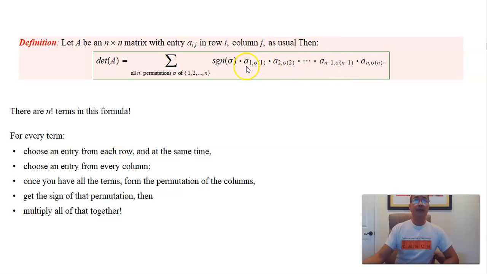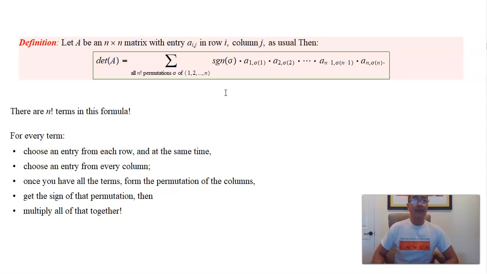You take all of those n terms and the sign, plus or minus, multiply that out. That is one term in this formula. There are n factorial permutations, so there are n factorial terms in this formula. So you take all of those n factorial terms and then you add them all together.